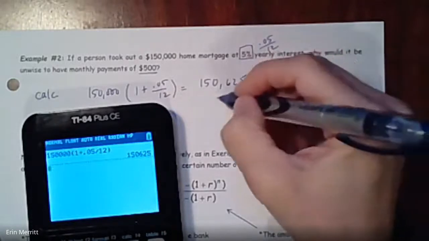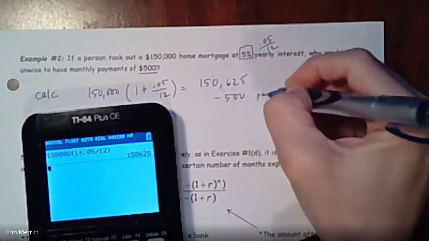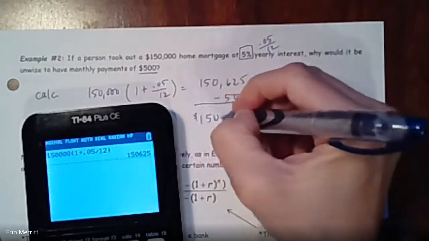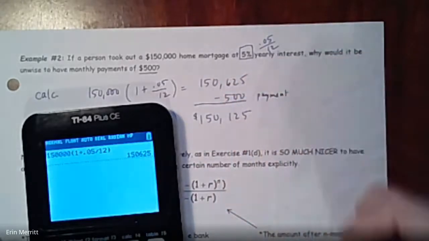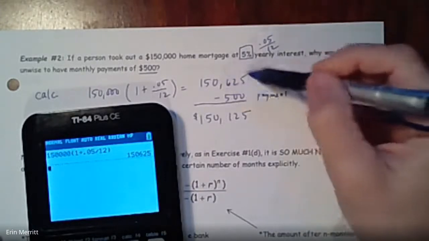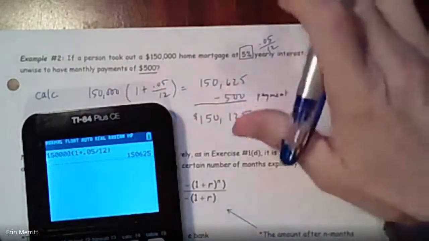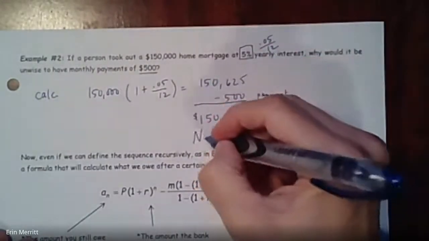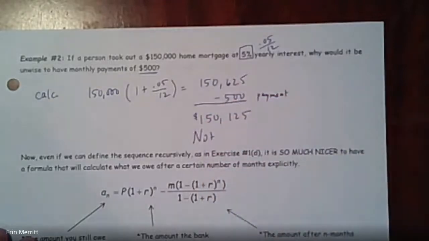If you then make a payment of $500, something should be sticking out in your brains right now. That's not even enough money to break even. You would have to pay $625 a month just to keep that loan flat, which would be awful. You would never pay it off, right? So when it says, why would it be unwise to make payments of $500?